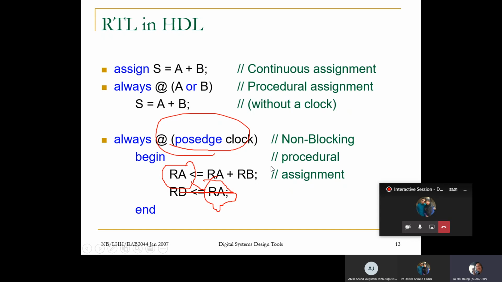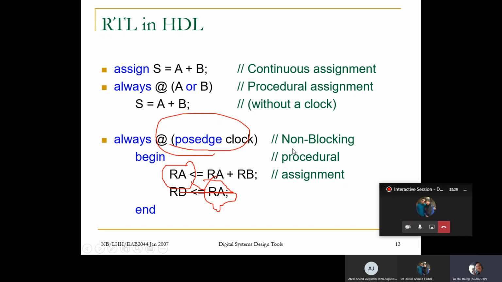Only then it will pass to the left hand side. So think of it as hardware engineers. The input will not flop to the output until there is a positive edge of the clock. So the operation is not controlled by the operation itself, but controlled by the positive edge of the clock. That's why it is blocking. We have to block the input value from passing to the output until there is a positive edge of the clock.